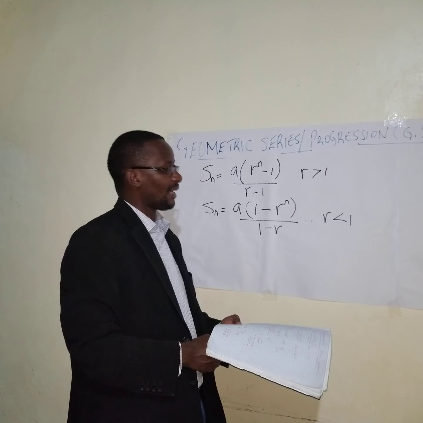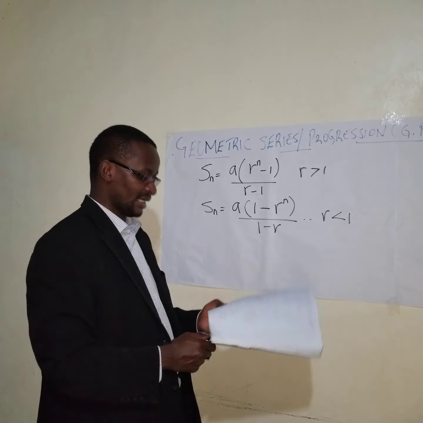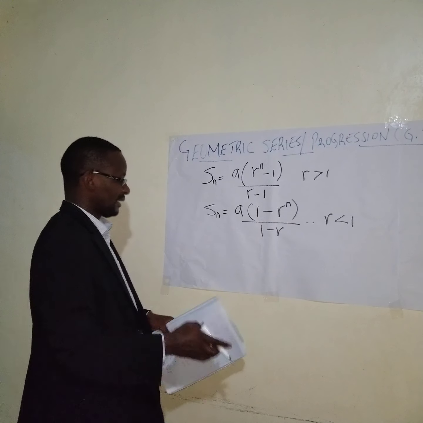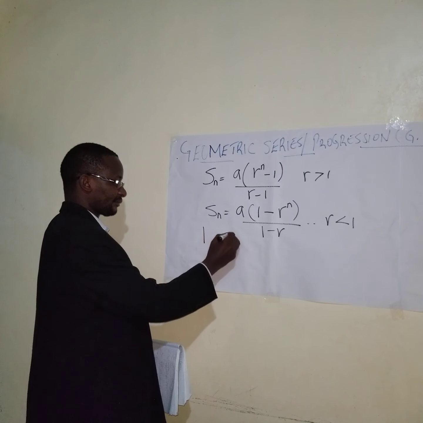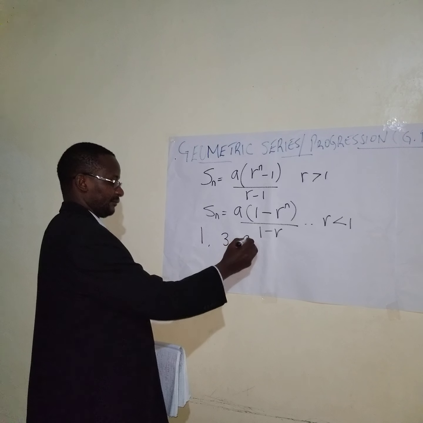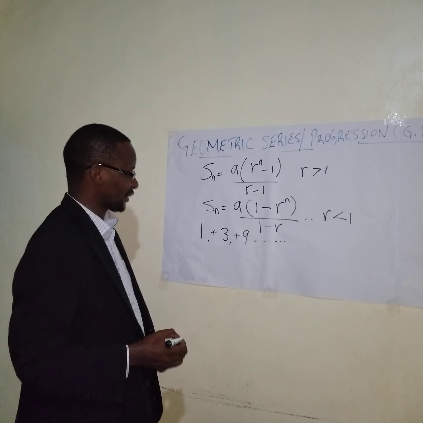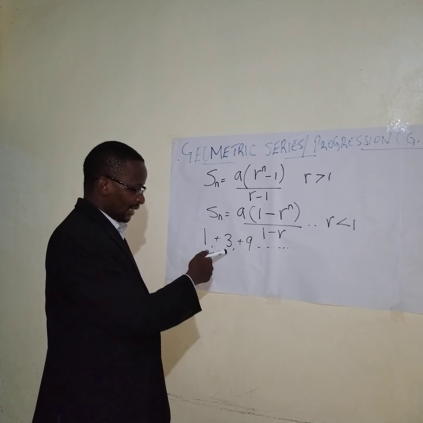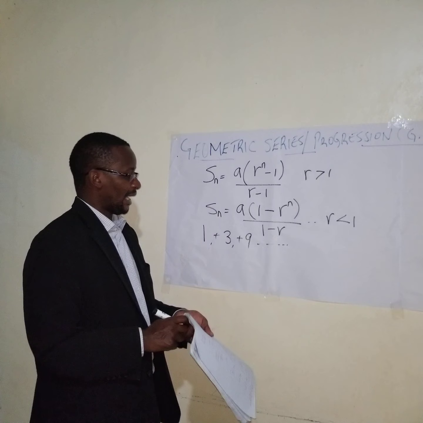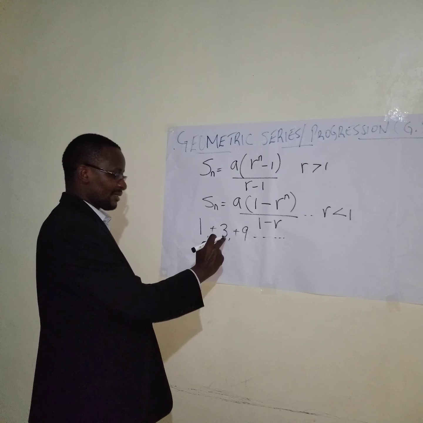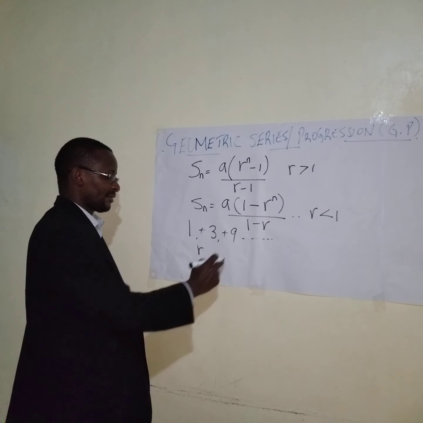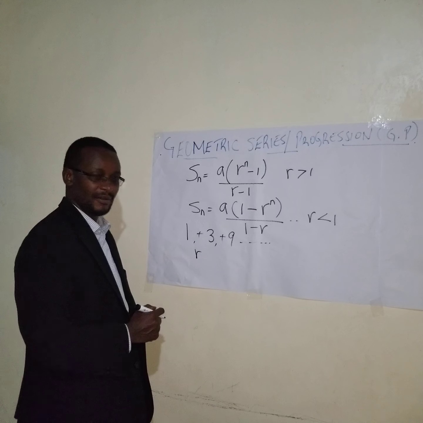Let's look at two examples to give us both scenarios. Let's look at this. Assuming that is a progression, you can look at it. It is actually geometric. What is r? r is second term over the first term, or third divided by second.